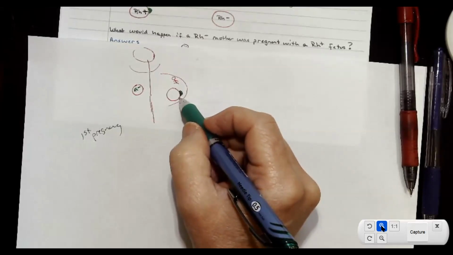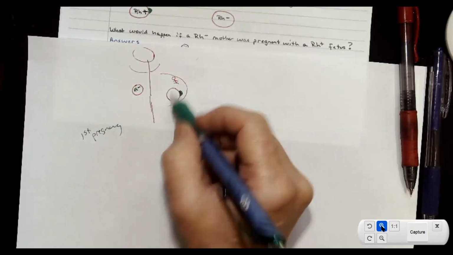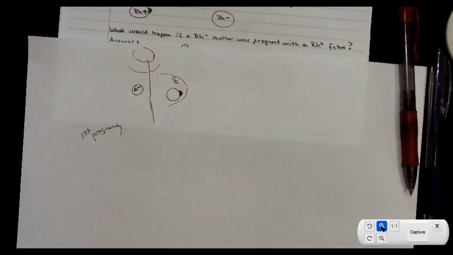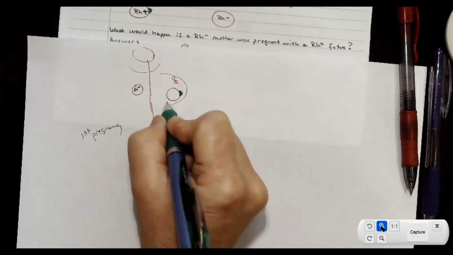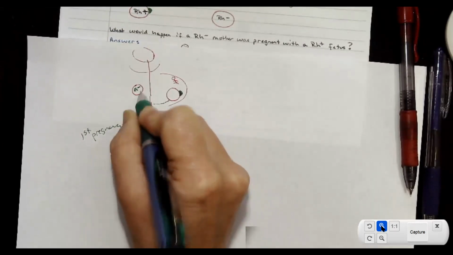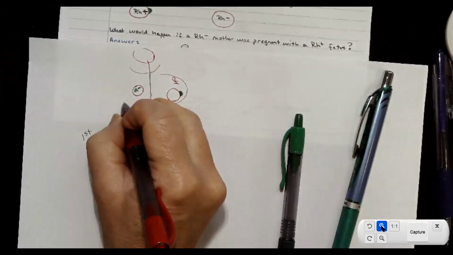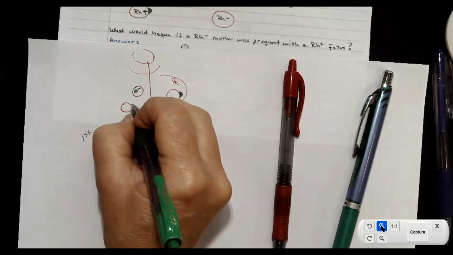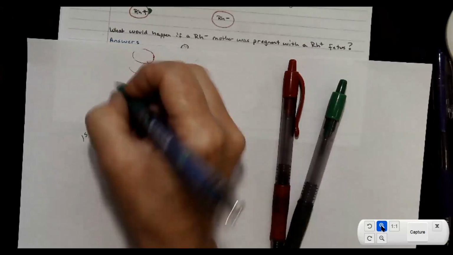However, if there happened to be mixing of blood, either during delivery, with tearing going on, or if it's a cesarean or anything, if some of that baby's blood were to get into the mother's blood, and let's say that baby's blood happens to have the D antigen on it, this mother will start making antibodies.